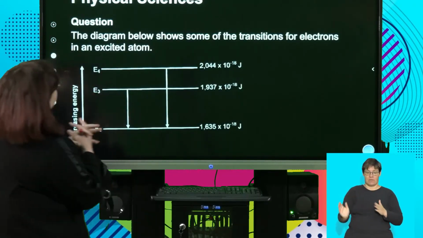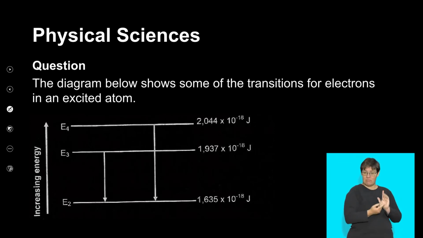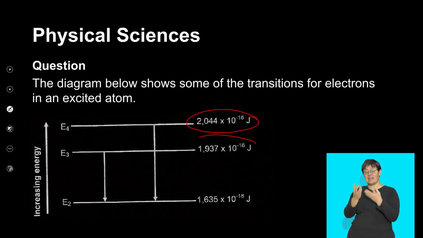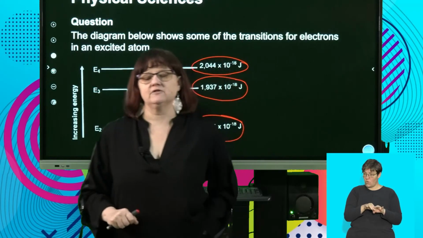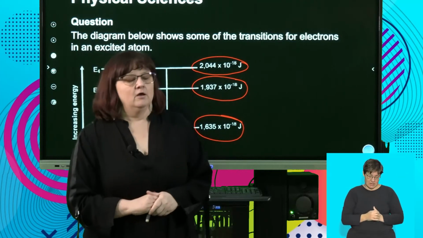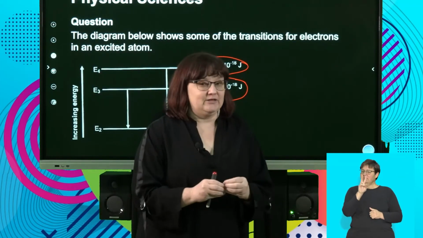Okay, so the diagram below shows some transitions of electrons in an excited atom. Look at the difference from the last question. We have energy level 2, 3, and 4, but I now have given you values. As soon as you see values, you're going to have to do a calculation. That means we need to read the question carefully.